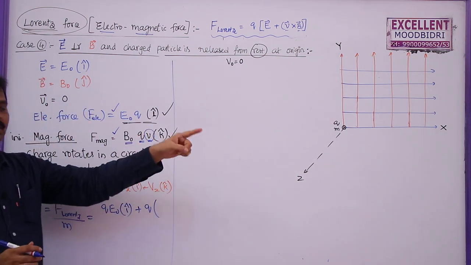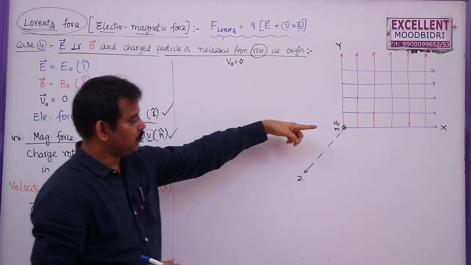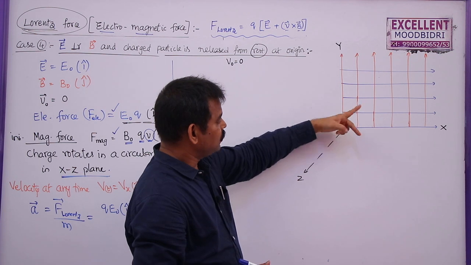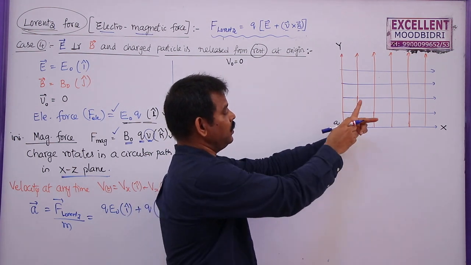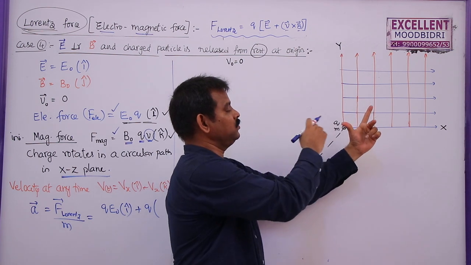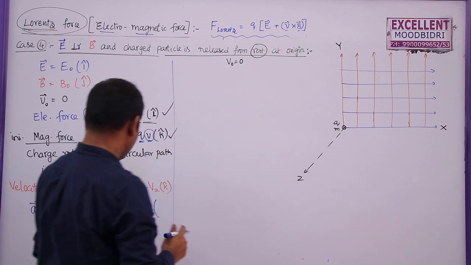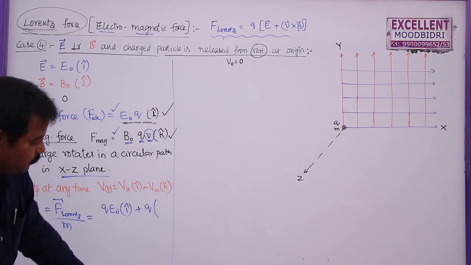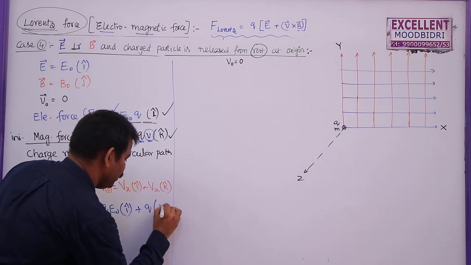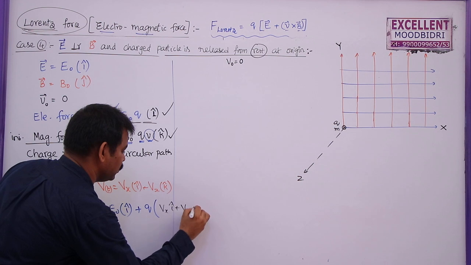Velocity is not constant here. Why? Because whenever the electric force is acting in this direction, the charged particle will move along the direction of force like this. So when it comes like this, once again the force will change. Direction of velocity will be only in the xz plane. So in place of this V, I am going to write Vx i cap plus Vz k cap.